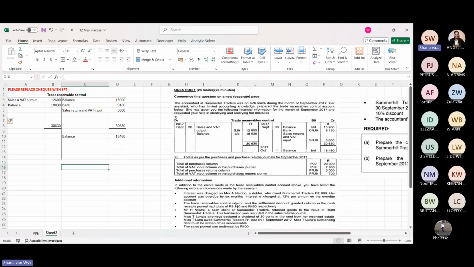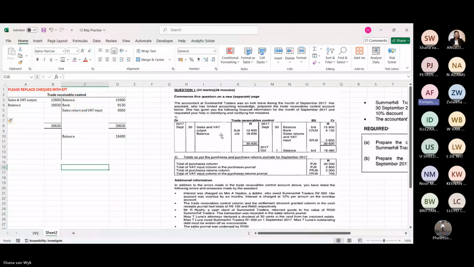Interest was charged on Miss Naidu, a debtor, who owed us 2,000 rand. Debit. The account was overdue by 6 months. Sorry, Shana, to begin with, why is your balance on the credit side if trade receivables is an asset account? I was also thinking this balance is weird because this is brought down.